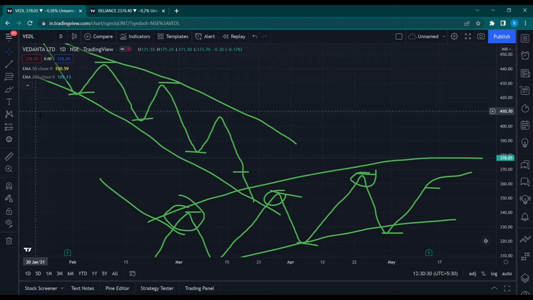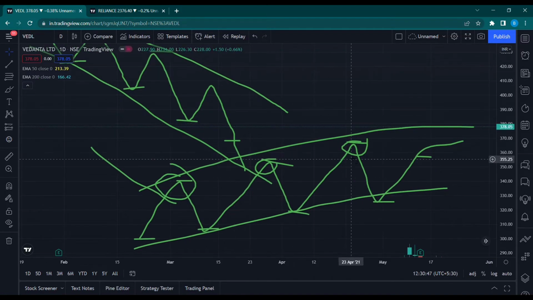whenever we are trading, I'll tell you one rule here. If you are trading with price action, in swings or any time frame, always trade with the trend. If prices are going up, do not go for a short side trade, do not go for a sell trade, because the average direction of prices is already against you. If you go for a short side trade, there is a high probability of your trade being a failure.